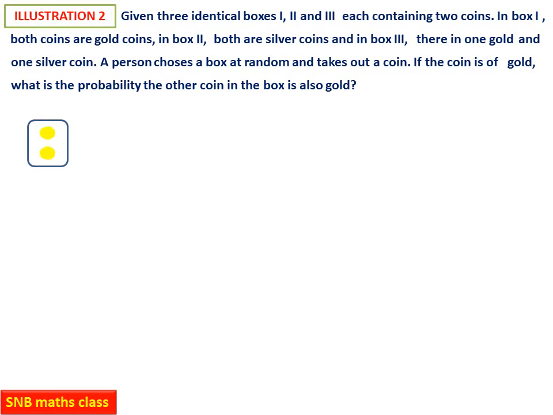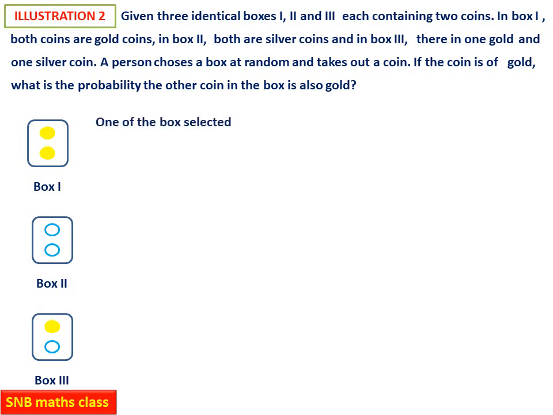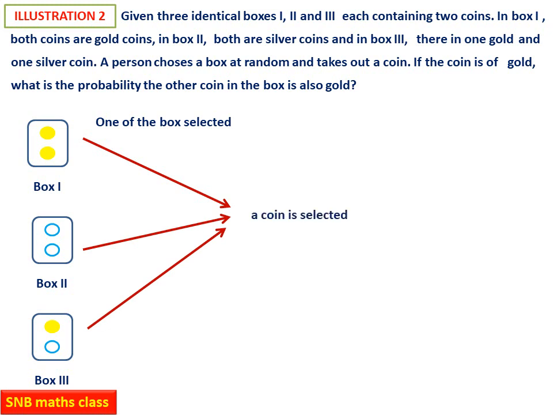See, this is box 1 which contains two gold coins. Second one is box 2 which contains two silver coins. And the third one is box 3, one gold coin, another one silver coin. So these are the three boxes. Now what is given is one of the boxes is selected at random. Therefore, all the three are equally likely. So the person might have selected any one of them. After selecting the box, one coin is selected, and what is given is this coin is gold.